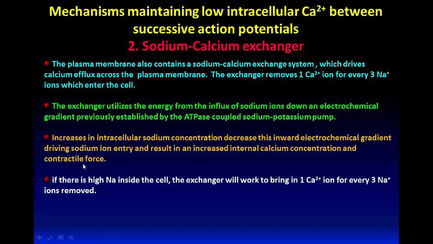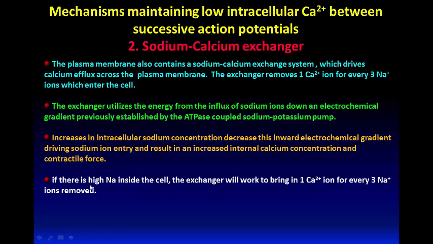So if the concentration of sodium ions in the cytoplasm increases, this would decrease the inward electrochemical gradient which drives sodium ion entry, and this results in an increased internal calcium concentration.